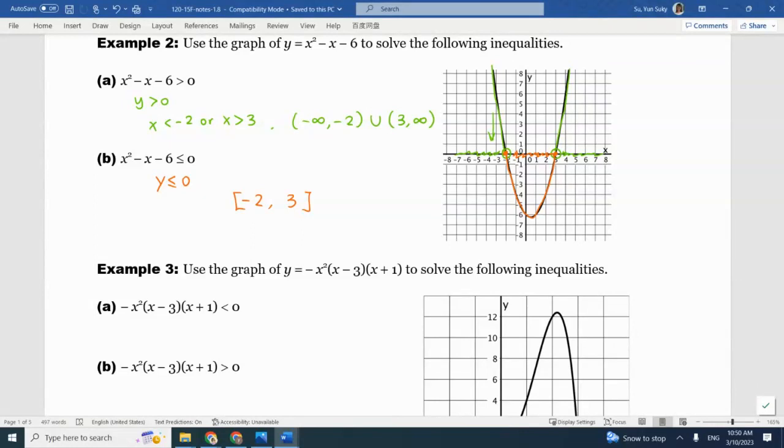Oh, well. Maybe I forgot to assign 2.6. Let me fix it. Okay, let me fix it. Okay, thank you.